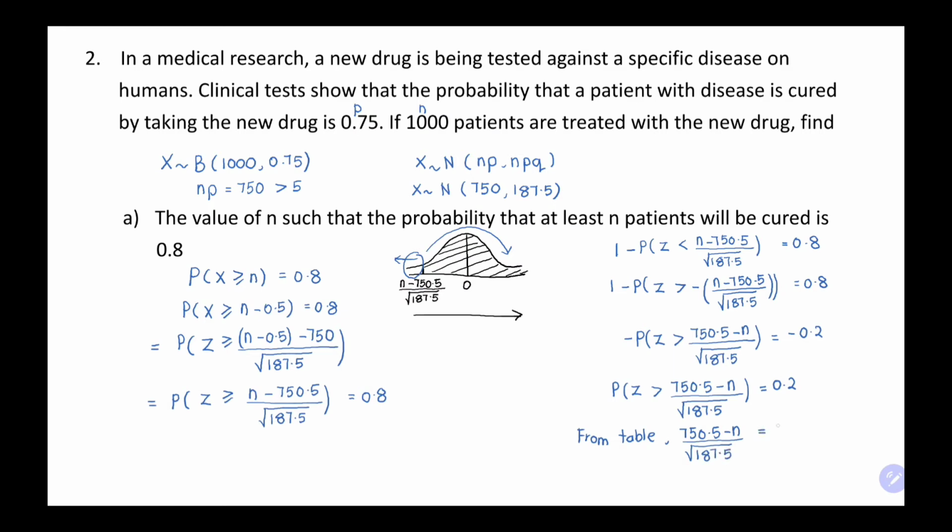We check table, this one equals to 0.84. We solve for N, then we get the answer 738.997. And we conclude N equals to 739 patients.